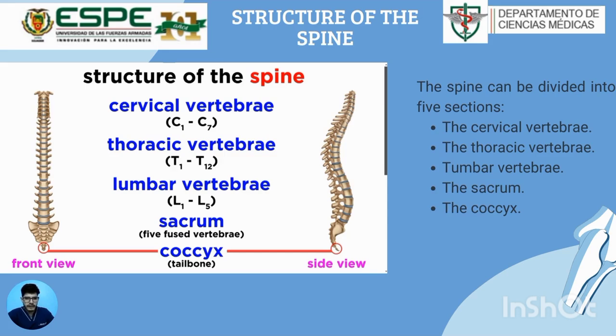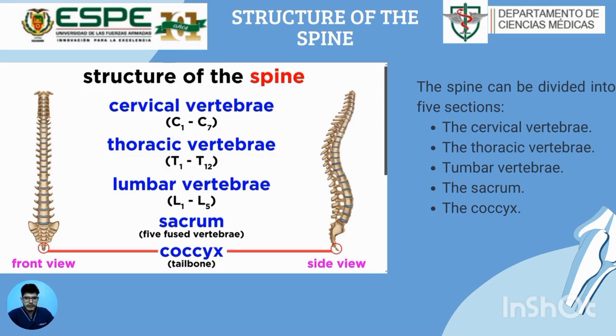Below the lumbar vertebrae, we find the sacrum, which is actually 5 vertebrae fused together into a single triangular bone. This bone fits into the pelvis, connecting the spine to the lower body.